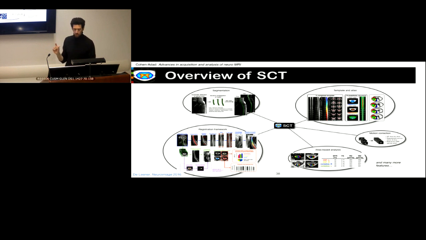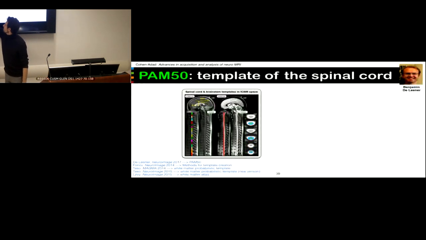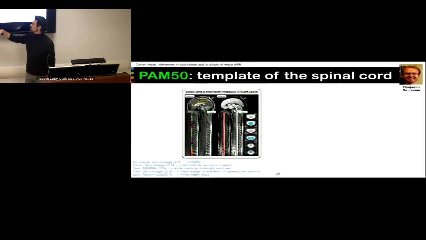So just maybe one or two features that I'm going to talk about is this template thing. I mentioned that there was no template until recently, so my former student Benjamin De Leener created this so-called PAM50. PAM stands for Polytechnique, Aix-Marseille University, and MNI. And the 50 is because 50 subjects were scanned.